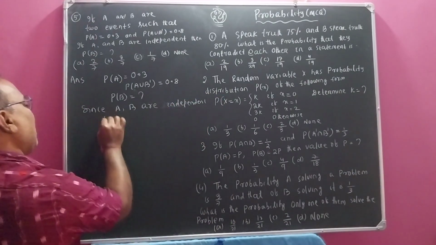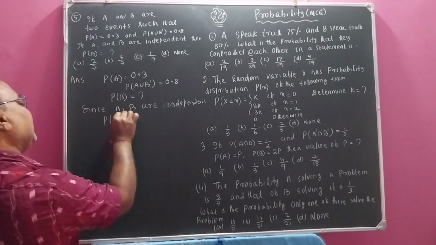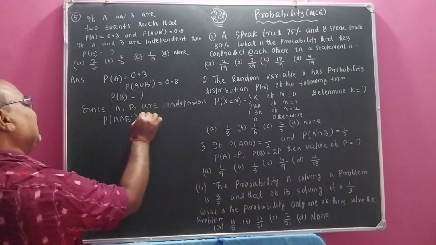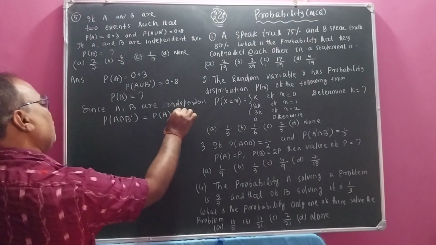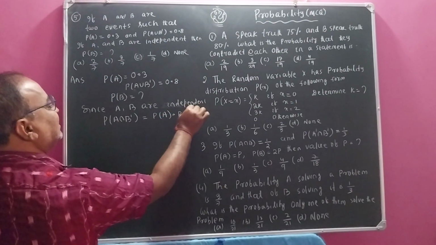So, probability of A intersection B dash is equal to probability of A into probability of B dash.